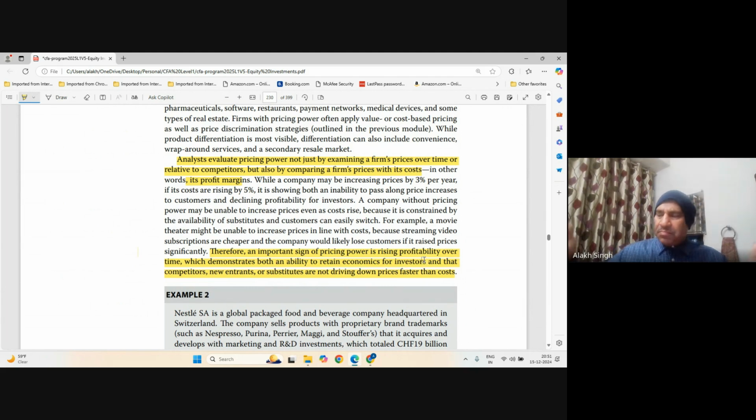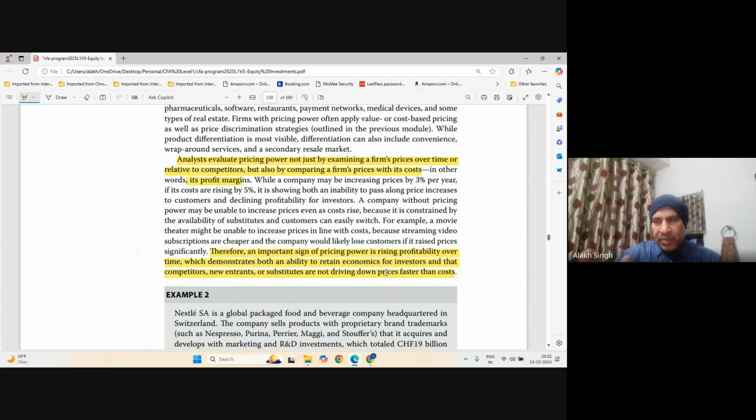It means as the company becomes bigger, it achieves economies of scale, and competitors, new entrants, or substitutes are not driving down prices faster than costs. So even if prices are falling, the cost is also falling. Why is cost falling? Because of economies of scale.